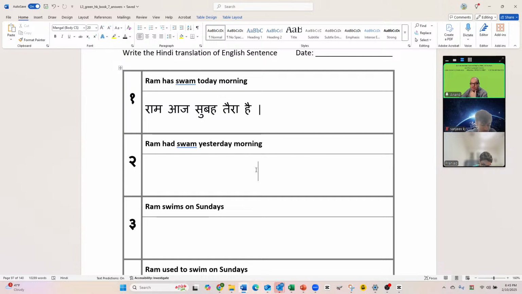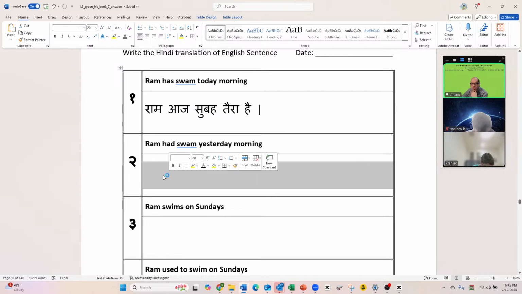Okay, Prahlad, after you finish writing, give me the next sentence. Ram had swum yesterday morning. Ram kal subah ko tera tha.